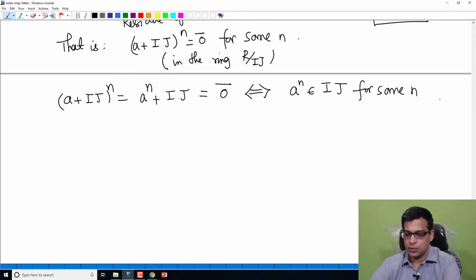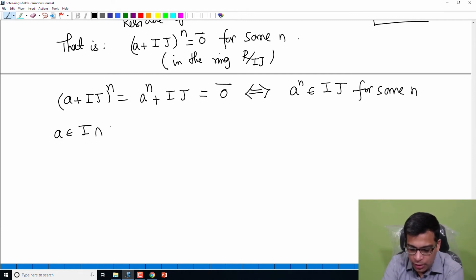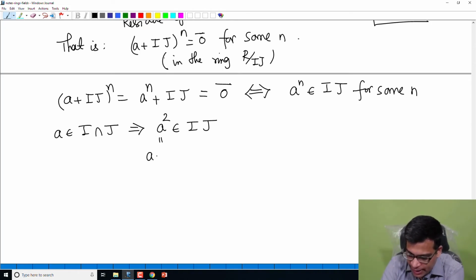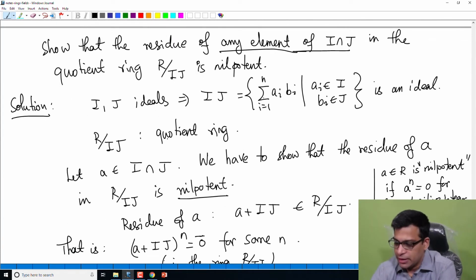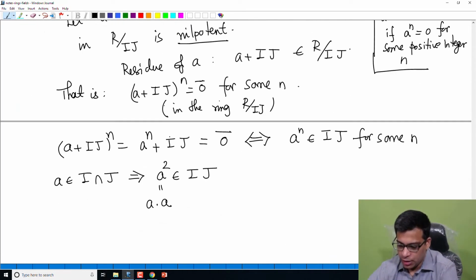Now once you identify that this is what you need to do, it's clear what n you need to take. Remember what is known about A? It is in I intersection J. That means it's in I as well as in J. Once that happens, A squared is in IJ, because A squared is A times A. A is in I, A is in J. If you recall, the product of two ideals is sums of products, one from the ideal I, the other from the ideal J. Here I am just taking a single product, A times A, where A is in I and A is in J. So A times A is in IJ.